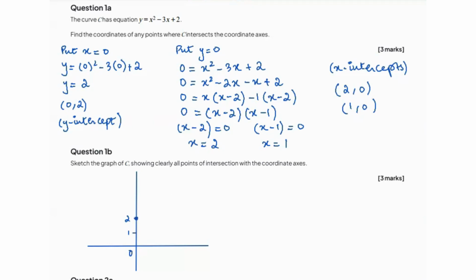Use a different color for (2, 0) and (1, 0). These are our points, so if we roughly sketch this, it's going to be something like this.